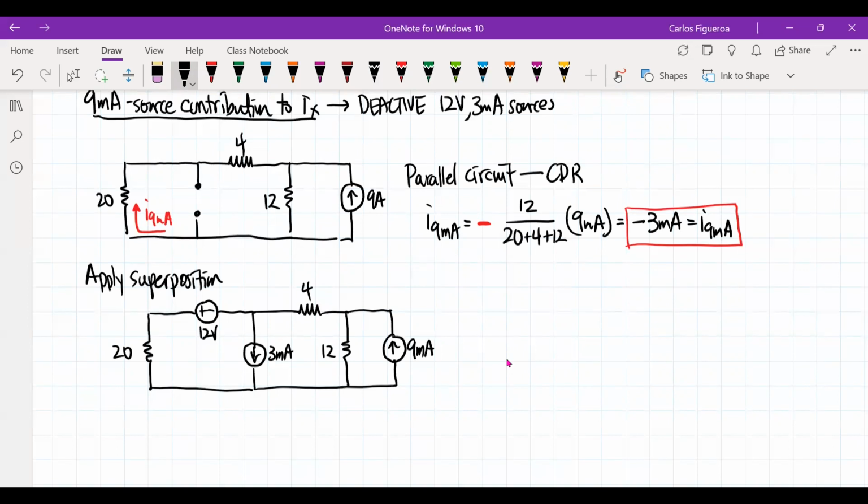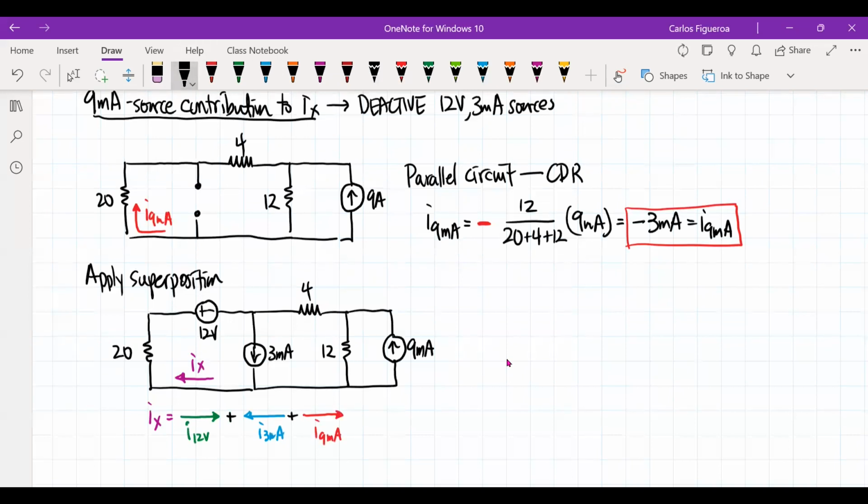What we know here is that we have a current called Ix. This Ix is equal to what? I have a green current going like this, which is produced by the 12 volt, plus I have my blue current due to the 3 milliamp, plus I have my current in red that's in the opposite direction due to the 9 milliamp.